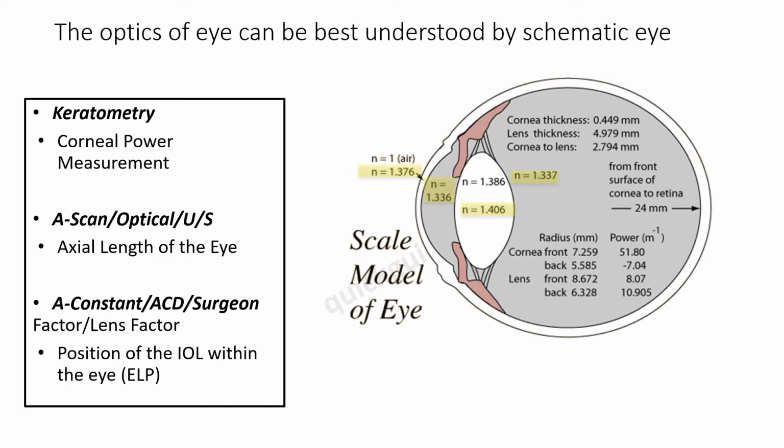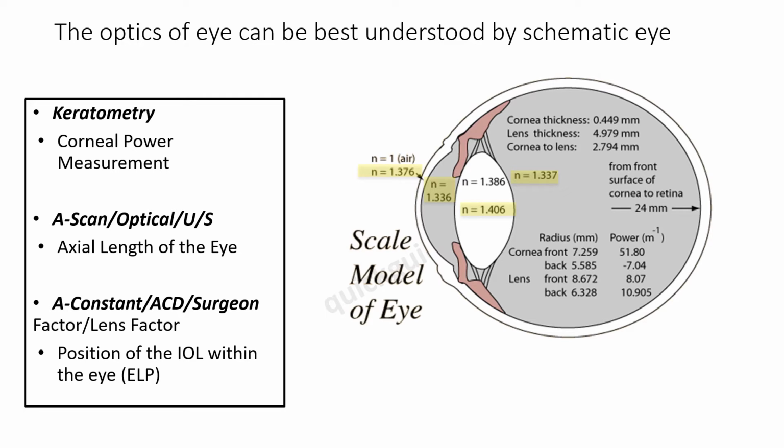All formulas will need basic information of the patient, that is keratometry, axial length, and A constant. And on the basis of these indices provided by the Gullstrand eye or other model eyes, they will calculate and give us the IOL power.